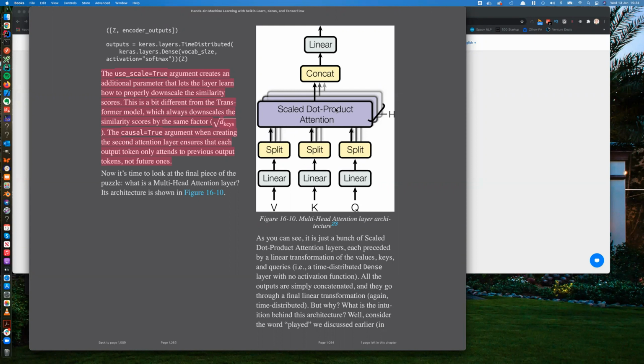So this is the actual multi-head bit in multi-headed attention. It's not fantastically explained, but I don't know if anybody has any questions or comments on this bit.